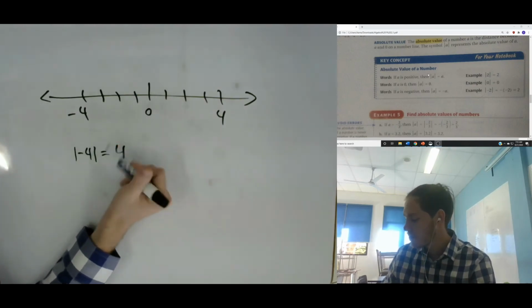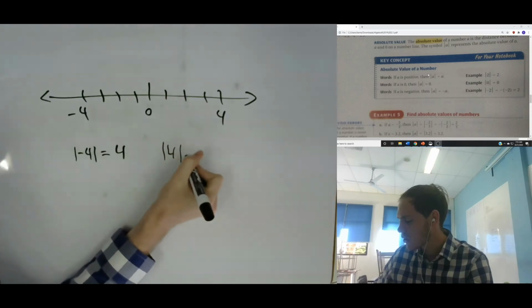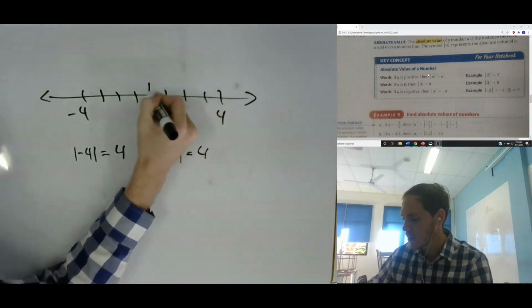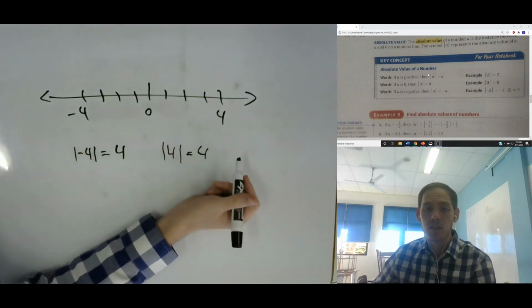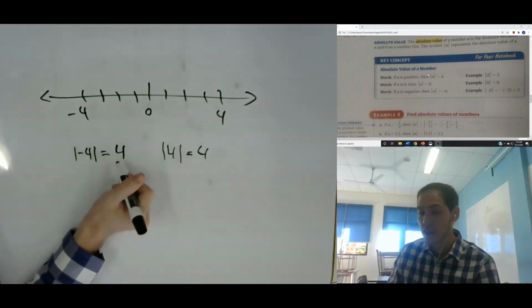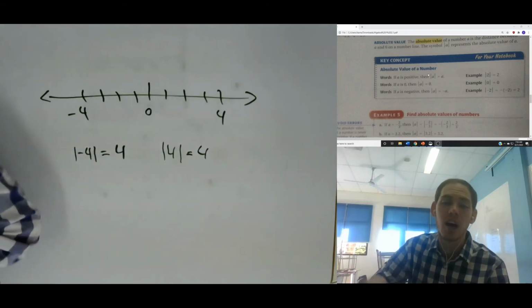That's going to be our absolute value. Same thing for positive, it's going to also be a positive, right? For distance, 1, 2, 3, 4. Okay, so the absolute value of a positive is a positive. The absolute value of the negative is also going to be the positive, okay? Or like the book says, it's going to be the opposite, okay?